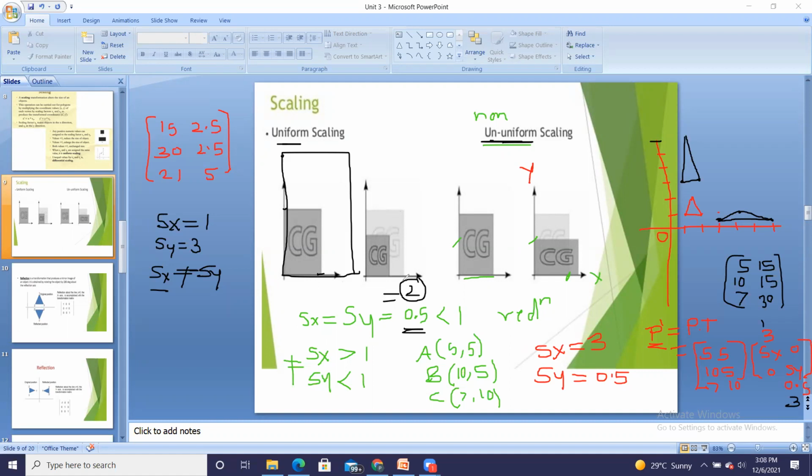So when they are equal, then it is called as uniform, because दोन्ही साइडनी तुमचं ऑब्जेक्ट आयदर एक्सपांड तरी होतंय किंवा कंप्रेस तरी दोन्ही साइडनी होतंय, तर त्याला युनिफॉर्म स्केलिंग म्हणतात. अँड द क्रायटेरिया इज Sx and Sy शुड बी इक्वल.